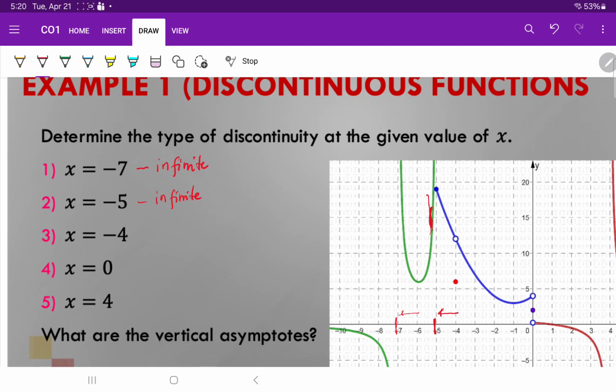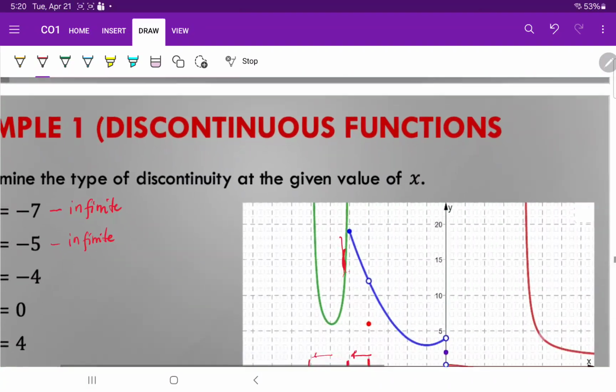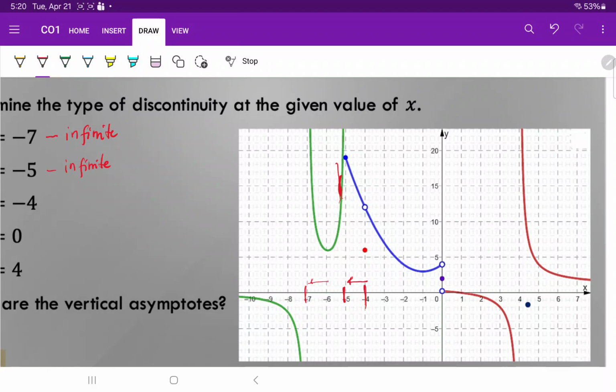How about at x equals -4? Where is your -4? It's this one, right? So, what is the limit of the function as x approaches -4 coming from the right? Okay, again, coming from the right of -4, this is the -4.